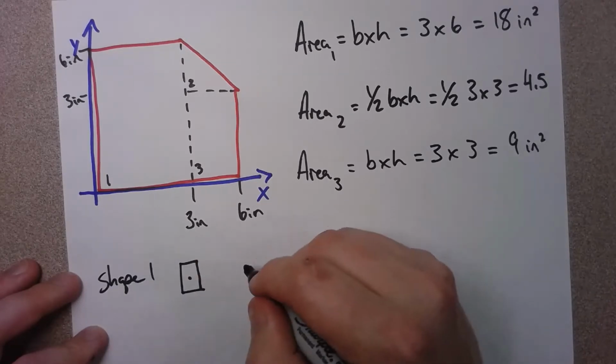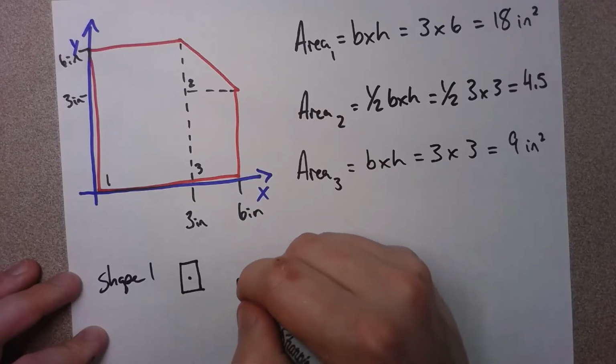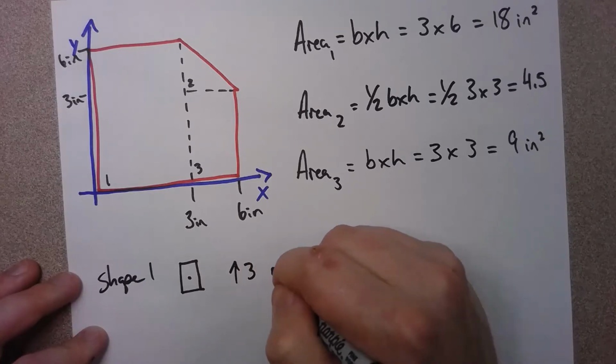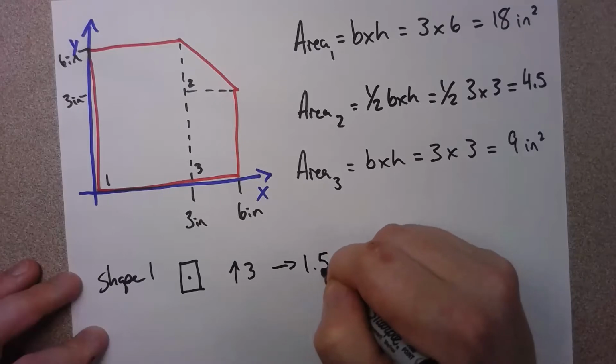So its height is 6, so divide that in half, you get 3, so it's going to be up 3 and over, dividing 3 in half, 1.5 from this point.